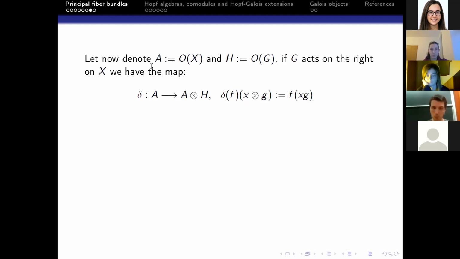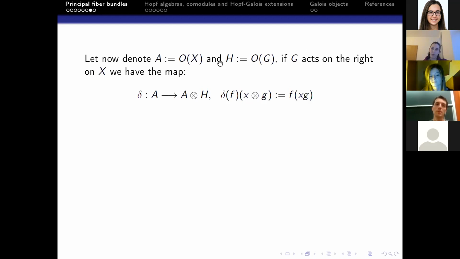Okay, so now that we saw that having X and G, we have two algebras, and on G we have more structures, we are asking what an action of a group G on X induces algebraically.